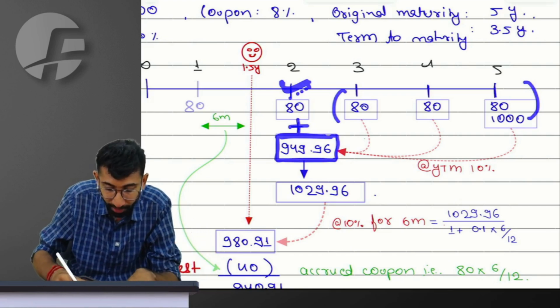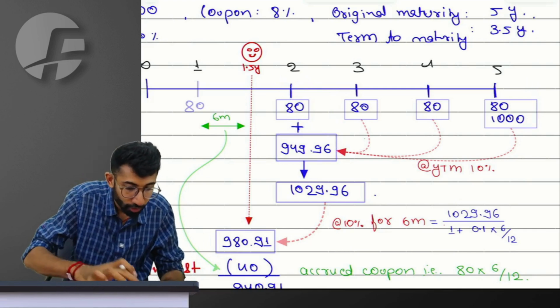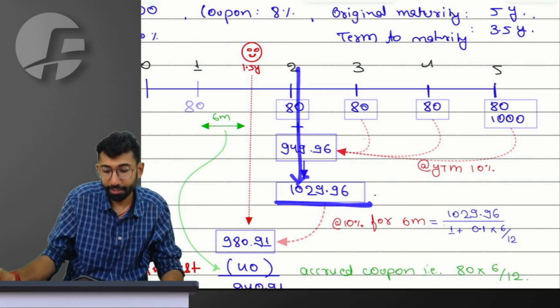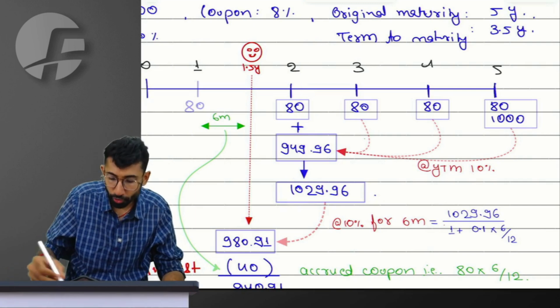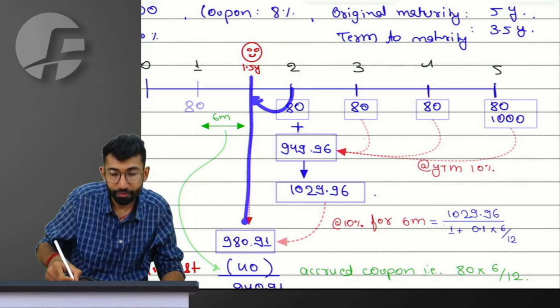At the end of second year, I have one more cash flow of 80 rupees, giving me a total of 1029.96 on my calculator at the end of second year, correct? Do you agree this is to be discounted by 6 months to bring it to 1.5 year?